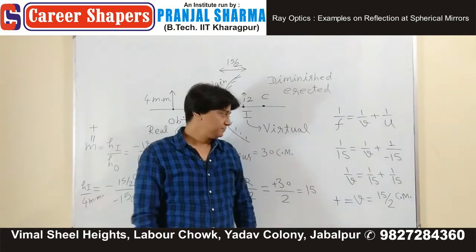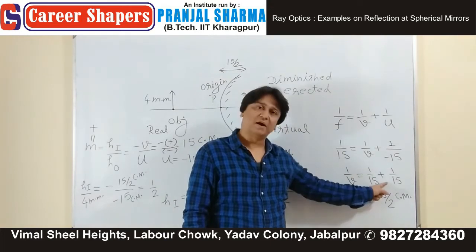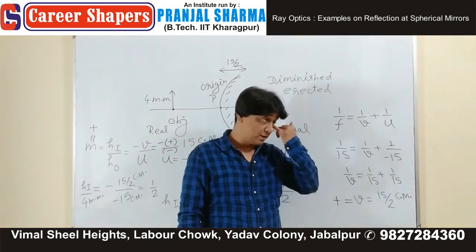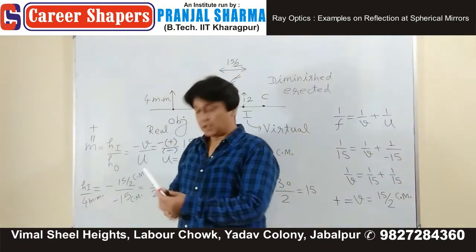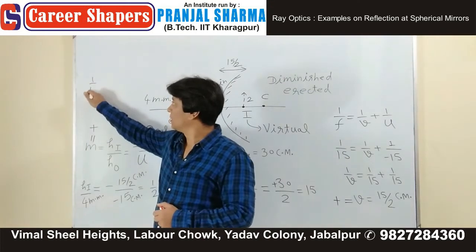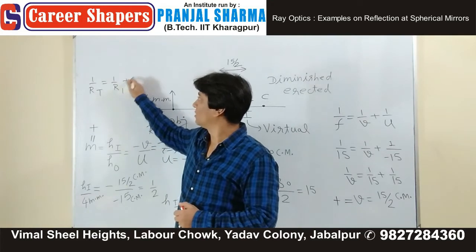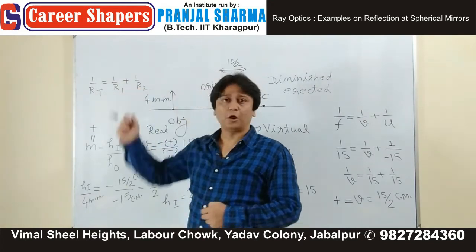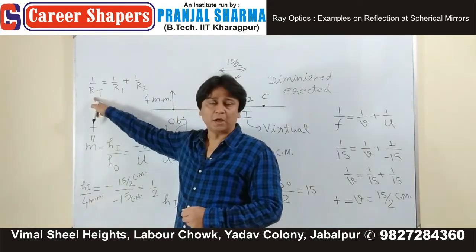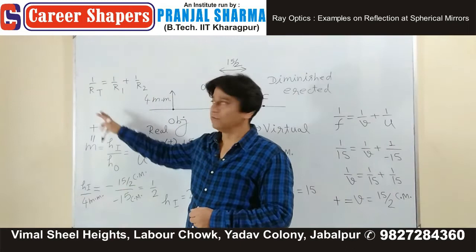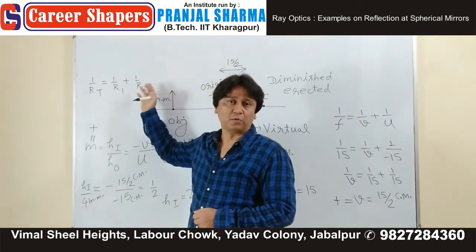And the last thing, if you are looking at this number 1 by 15 plus 1 by 15, this is something like a parallel combination of resistors, 1 upon R1 plus 1 upon R2. And I hope you remember a statement. In parallel combination, R total is always smaller than the least value of R1 and R2.